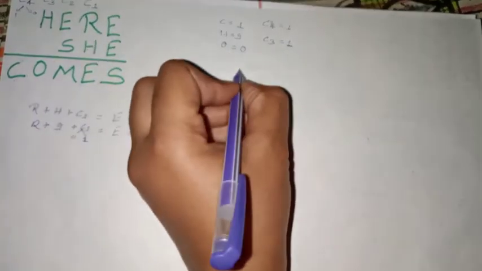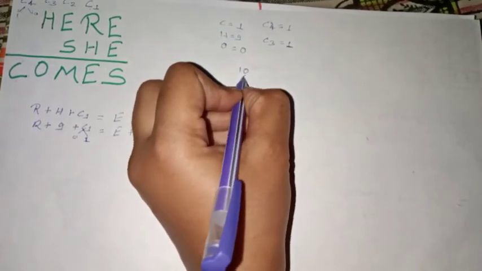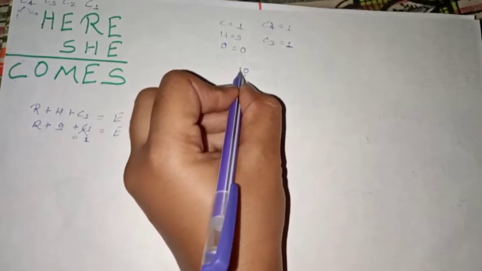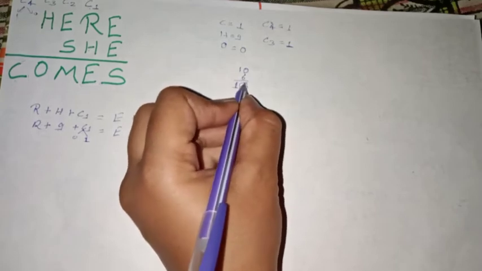But one thing you know is that when you add any value to 10, then we get the same value at unit place. That is, if we add 6 to 10, then we get 6 at unit place.